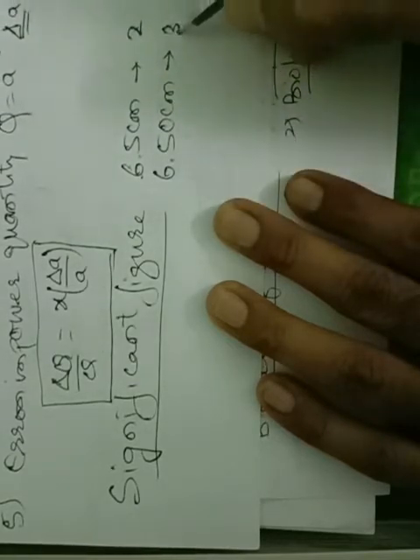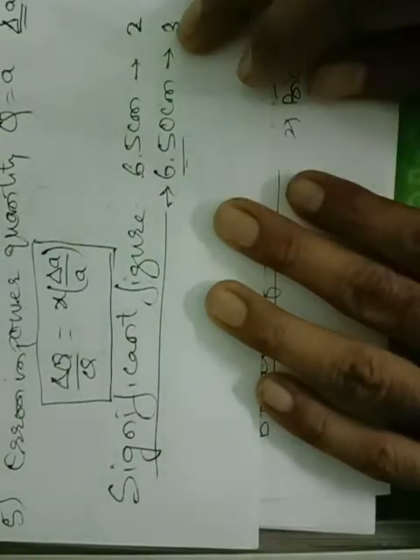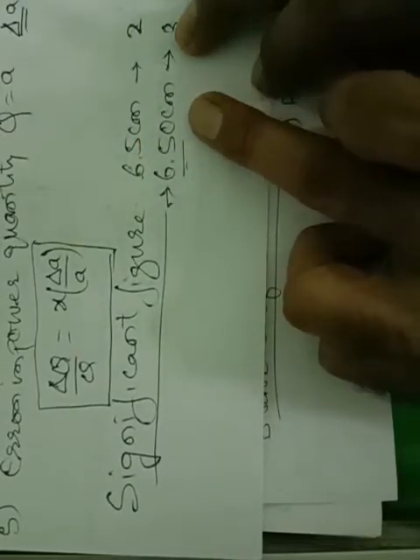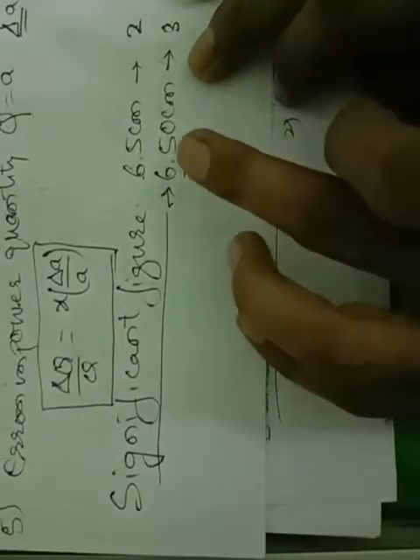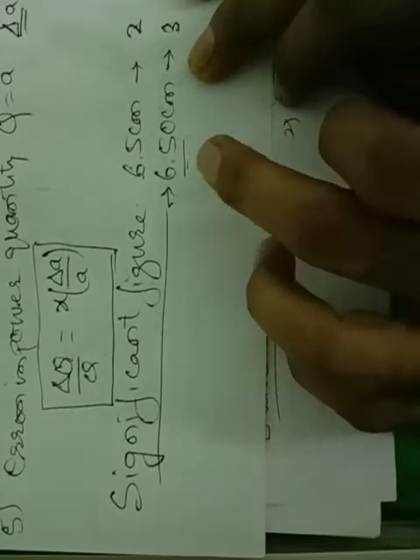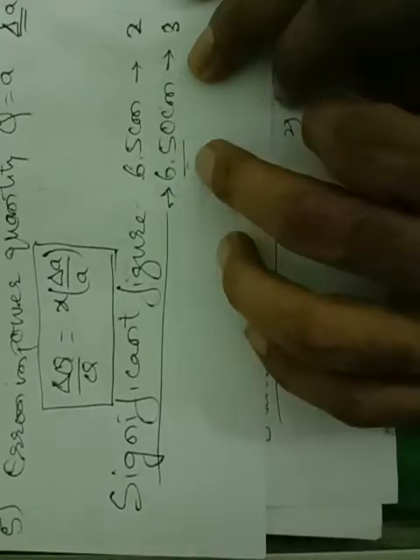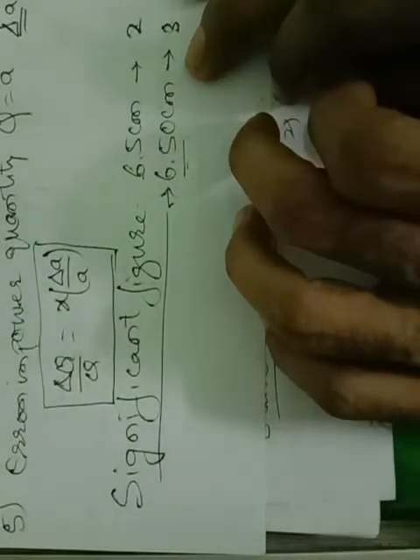Means 6.50 is a more accurate reading. It gives more significant meaning than 6.5, because 6.5 gives only one digit after the decimal, but 6.50 gives 2 decimal places, so the second reading is more accurate. So to get higher accuracy, we use significant figures. If we want more and more accuracy, we must have a high number of significant figures.